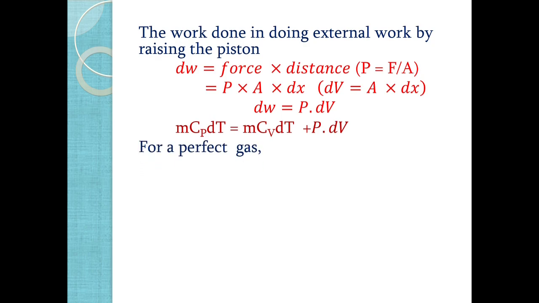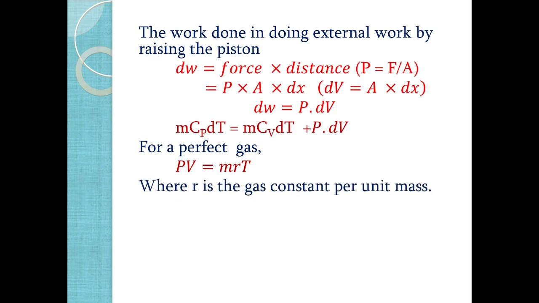We know for a perfect gas, the perfect gas equation is PV equal to m times rT, where small r is the gas constant per unit mass. Let us differentiate this perfect gas equation.